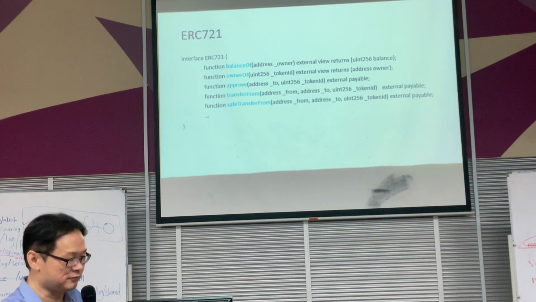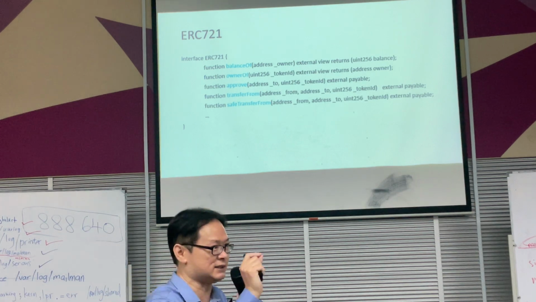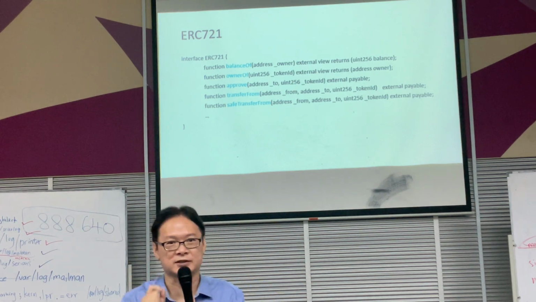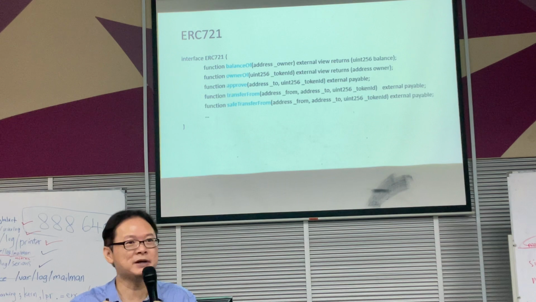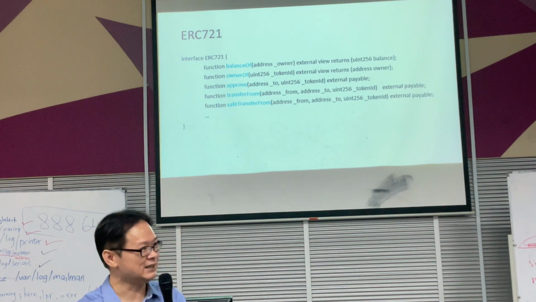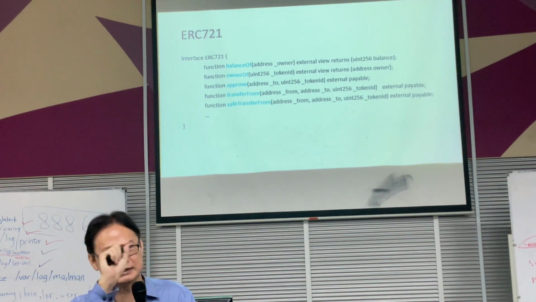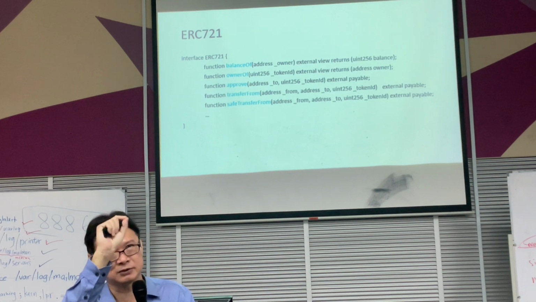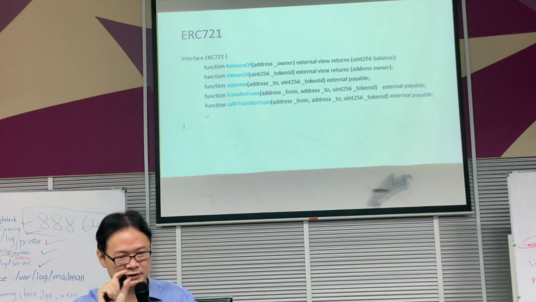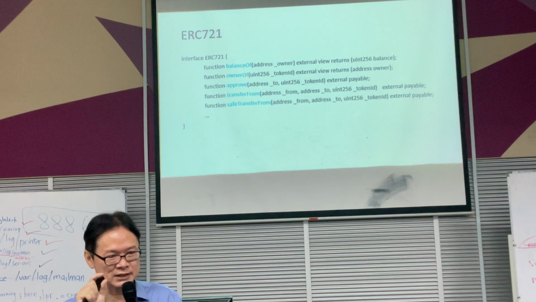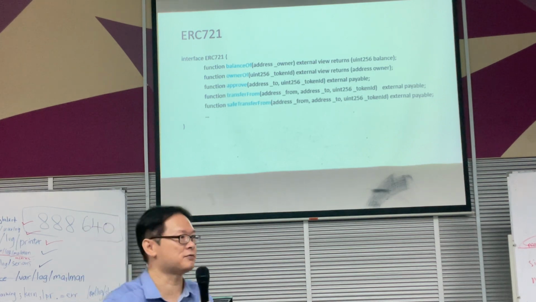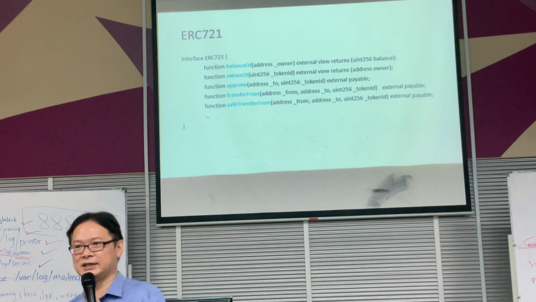Maybe you find a function called freeze for your token, so that people can freeze your token. You implement your smart contract: this is my token called property token, then there is one function, because this function is specified in the standard, so I need to implement it. It's called freeze. Why freeze?